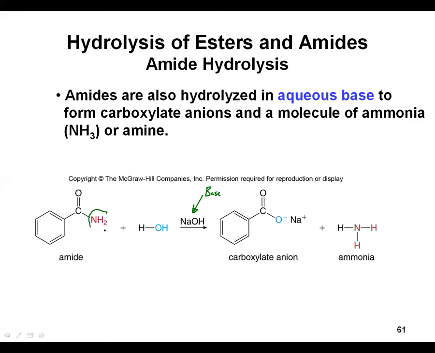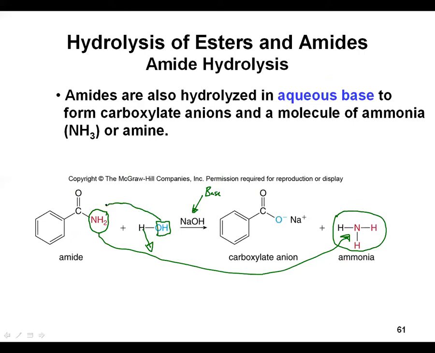The nitrogen part's going to come off. And when it comes off, it ends up over here. And then we will pick up hydrogen with it. So this hydrogen from water will come along the way, and we will get ammonia. But slightly different in this case is the OH group is going to come on. But along the way, you're actually going to lose one of those hydrogens.